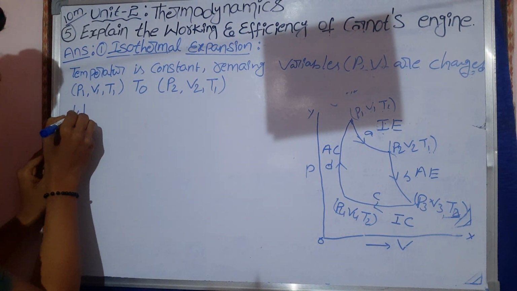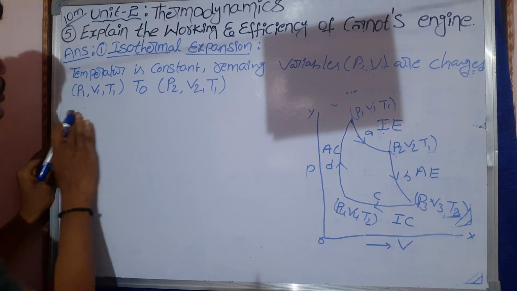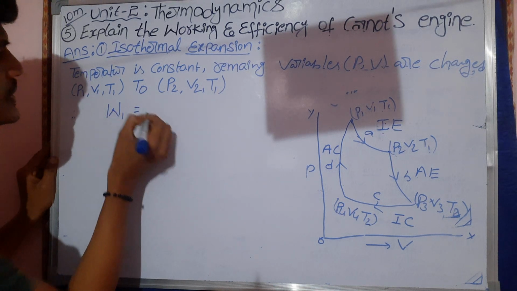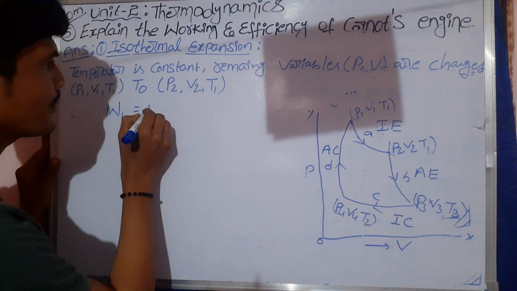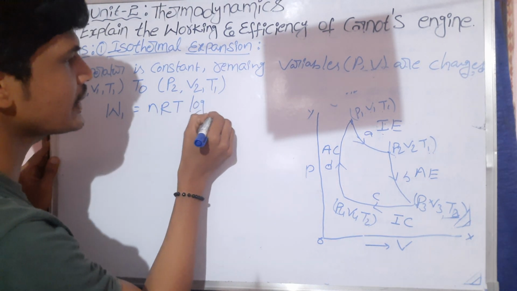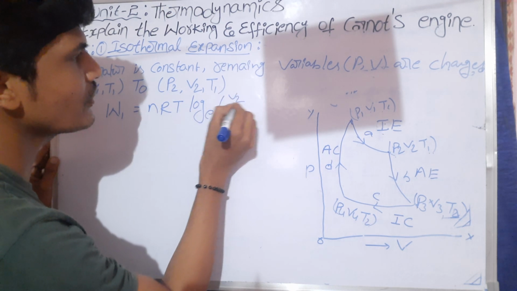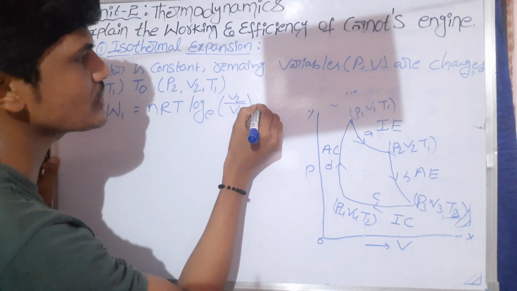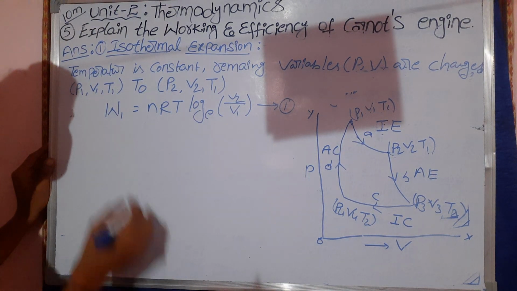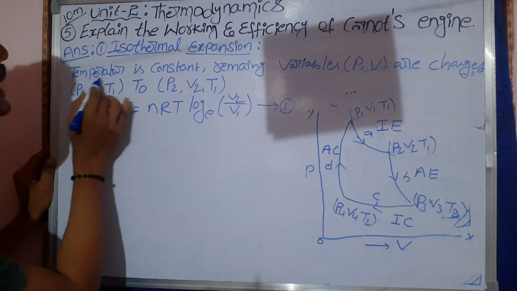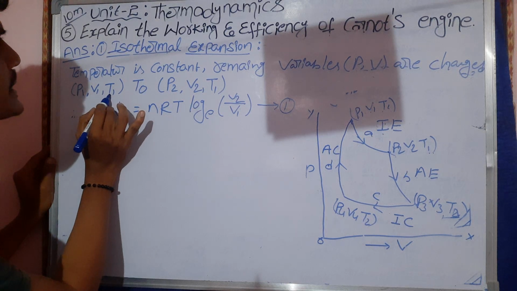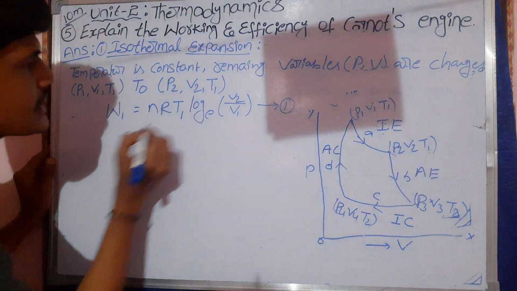Working equation: the first work W1 equals nRT log base e of V2 by V1. This is the first equation. Since temperature is constant, T means T1.